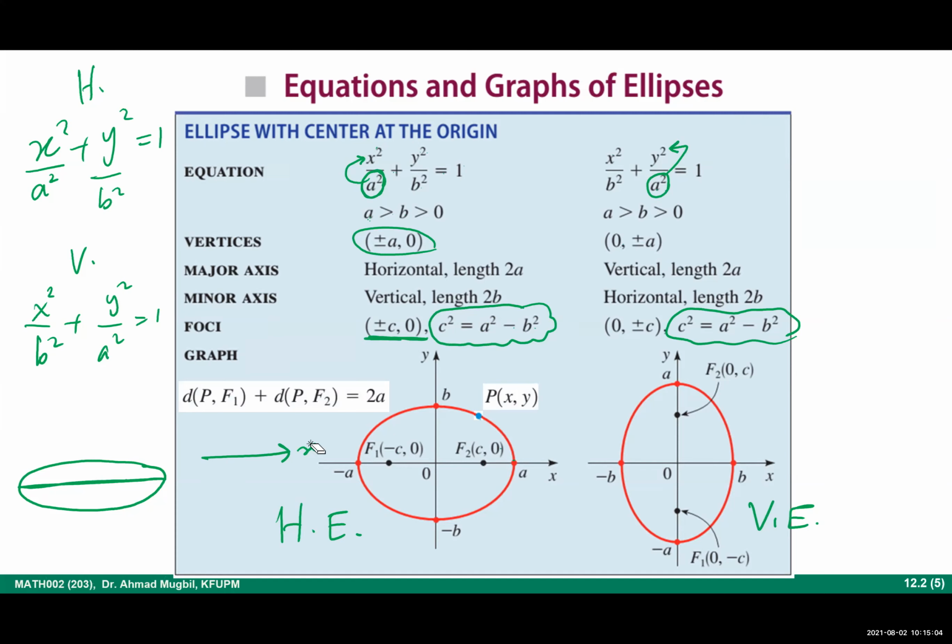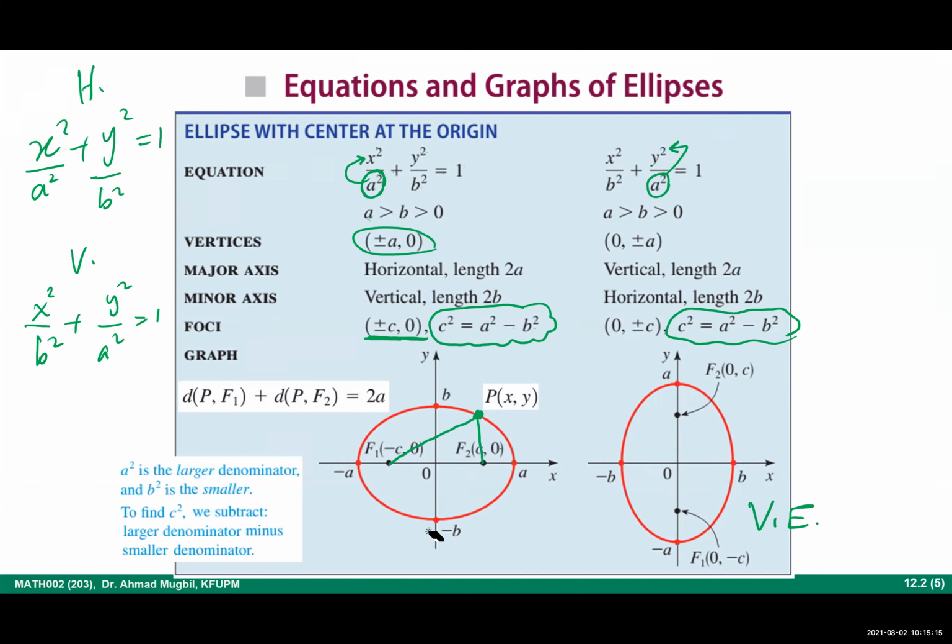So the definition, guys, if you remember, if we take a point here, the distance from this point to these other points will be equal to 2A. A squared is the larger denominator and B squared is the smaller. So to find C squared, we subtract the smaller from the larger. Remember that. This will help you to memorize this relationship between these three parameters.